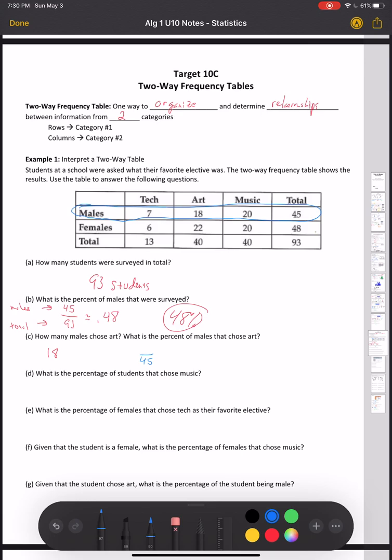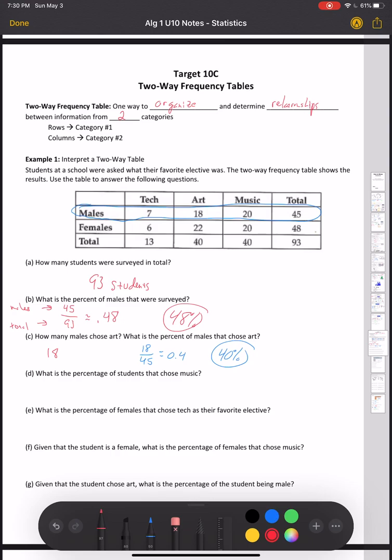Given that they're a male, what is the percent that they chose art? Well, 18 out of those 45 chose art. So that is about 0.4. And so that as a percentage, 40%. So 40% of the males chose art.